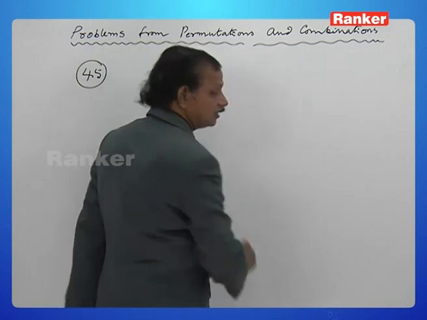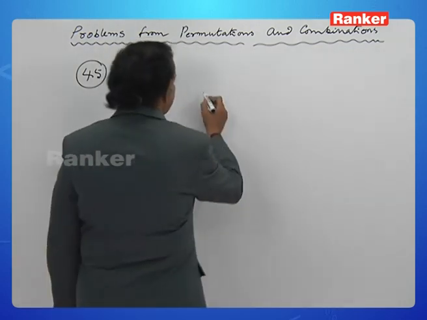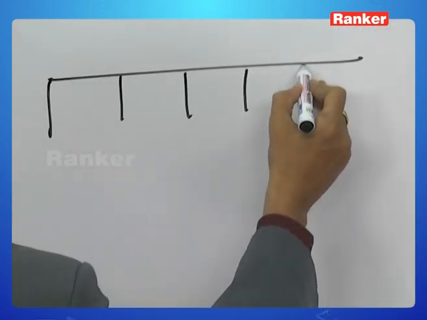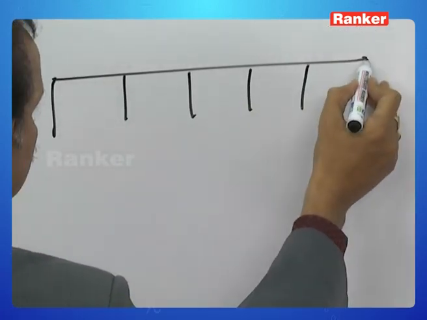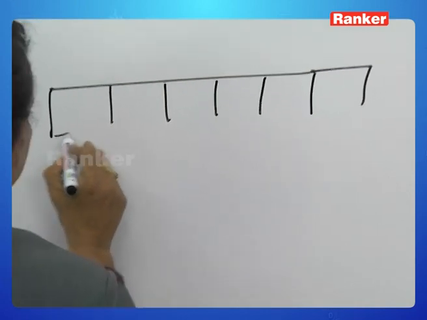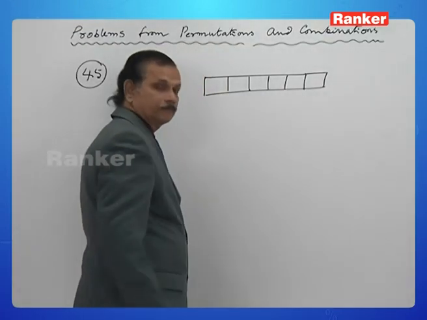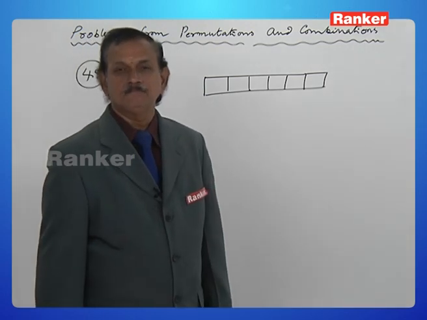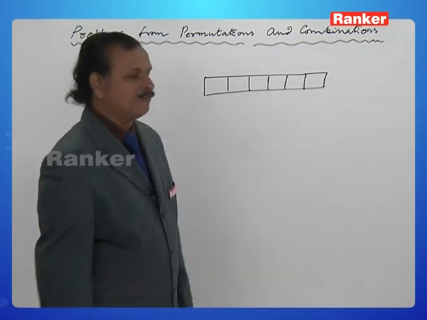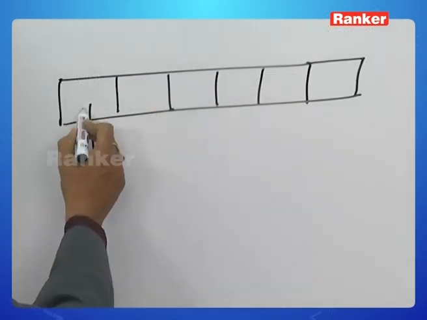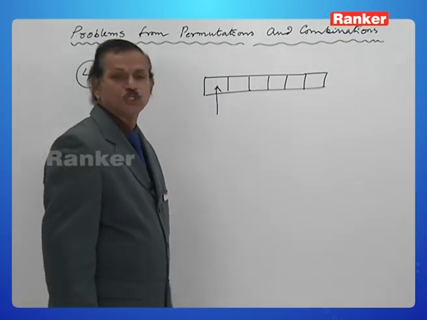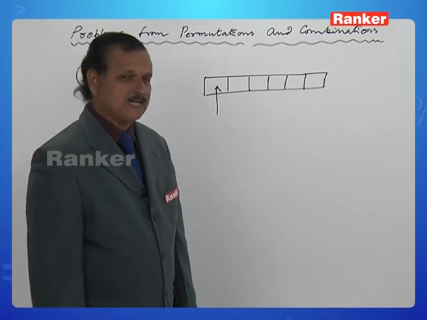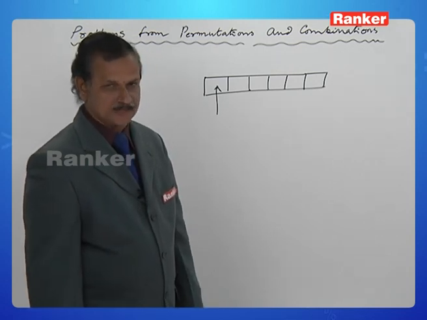Why? Because suppose a six-digit number you have to have. Naturally, in the first place, you cannot take 0. Definitely a non-zero digit must be placed.